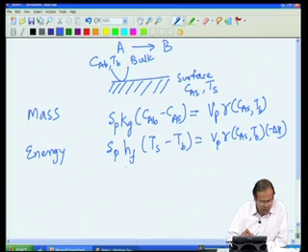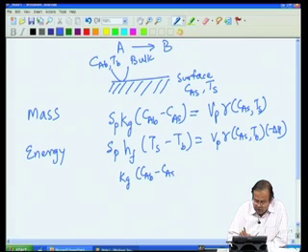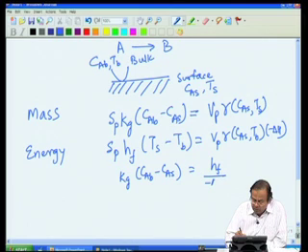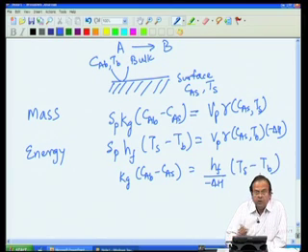So, now if we look at these two equations, I can divide the first equation by the second equation and do a rearrangement, and what we will get is kg into CAB minus CAS will be equal to, sorry, we will get Hf divided by minus delta H into TS minus TB.